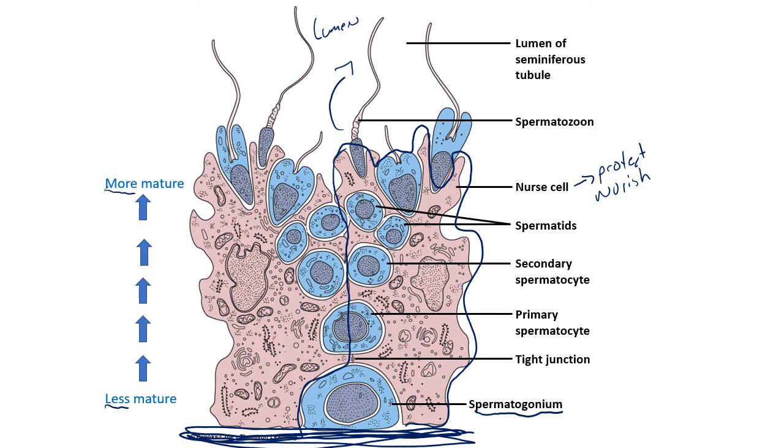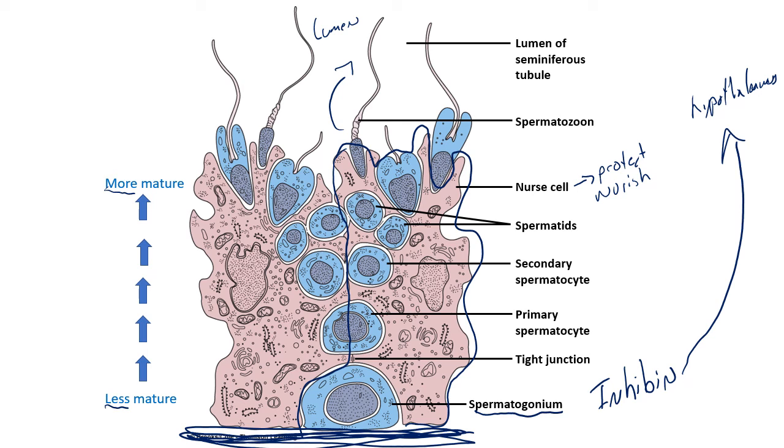So all of these nurse cells are surrounding them. As well as the sperm cells, they're also going to produce our inhibin. And that inhibin is then, as we get more and more of that cell production, and as the system fills up, so to speak, with more and more sperm cells, more of that inhibin is then going to go and make its way back towards the hypothalamus in a negative feedback process.